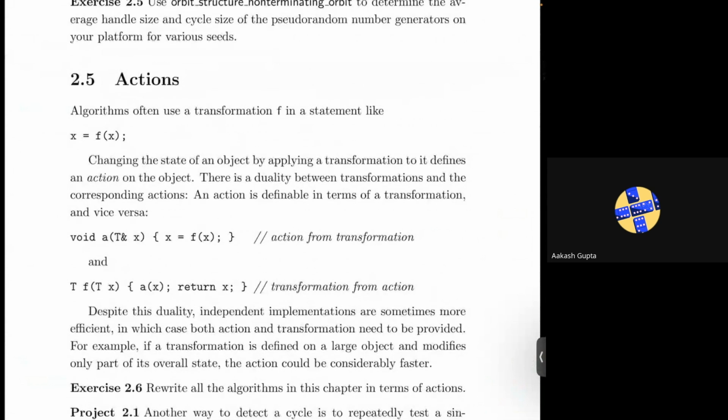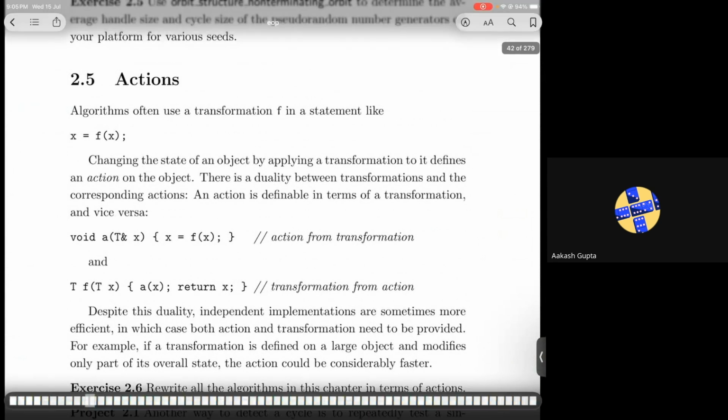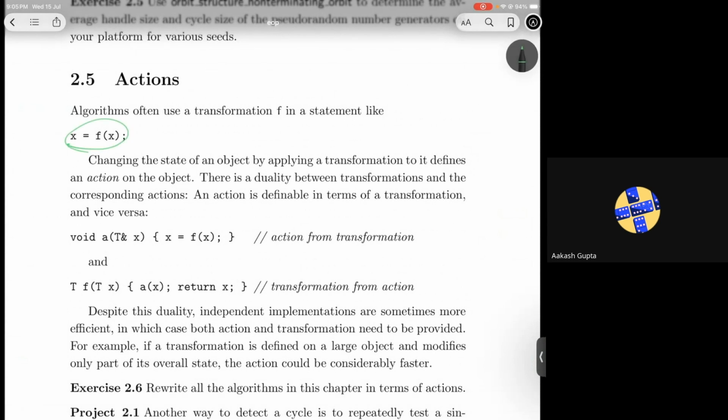If an algorithm uses a transformation in a statement like this, f is a function which takes an element x of type T and returns type T. Instead, we can have an action where we take a T value as a reference, and we set its value with the application of the function. Instead of returning, we have modified the value in place inside the function itself. So these two implementations are equivalent, and there is nothing new to see, only that the implementation is somewhat different, but the net result in both cases is the same.